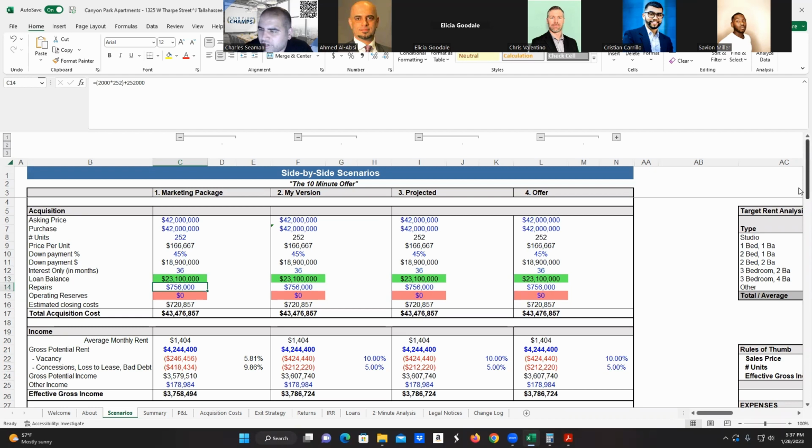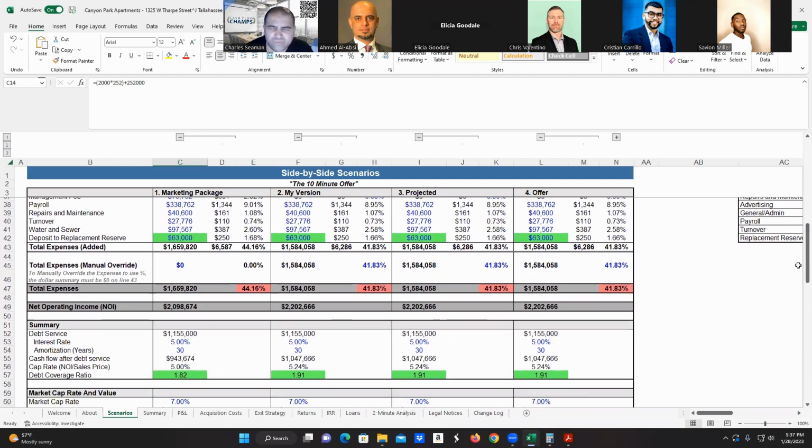In terms of an interest rate, what are you guys seeing? Right, 6.5. Yeah. So 6.5 is a good conservative number. I would say you could probably use 6.25, even have that be conservative.